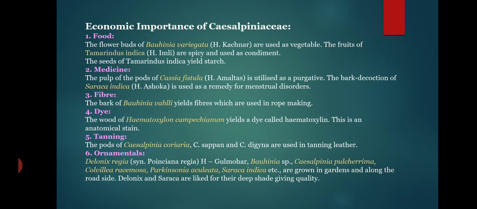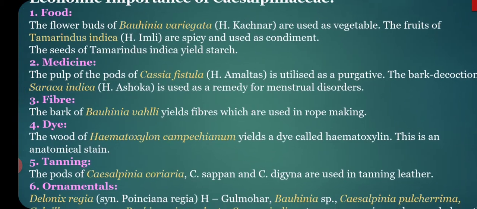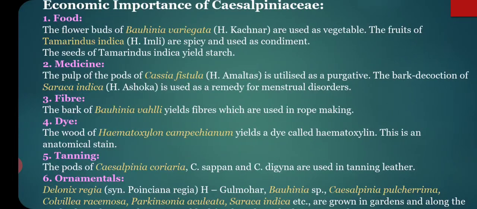So next we will study, this may be asked as a question, the economic importance of Caesalpiniaceae. We can categorize this economic importance into different heads. First we will discuss food. The flower buds of Bauhinia variegata are used as vegetable.